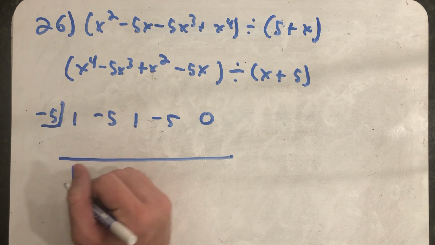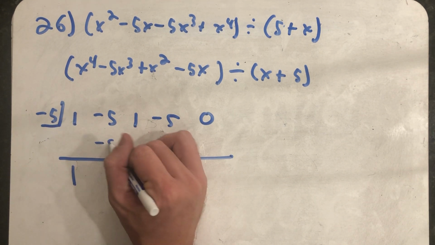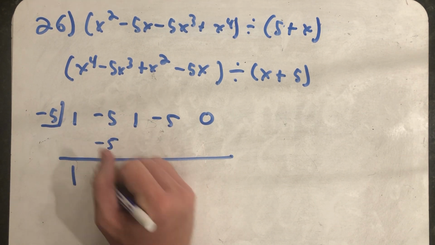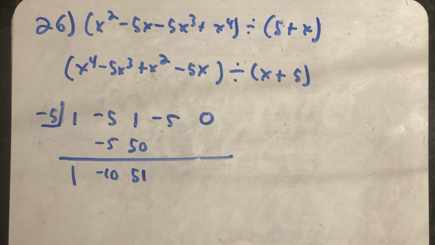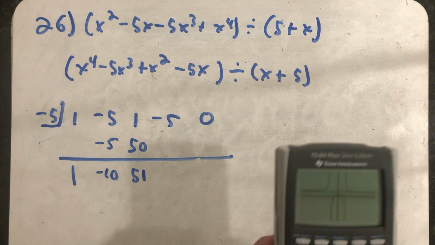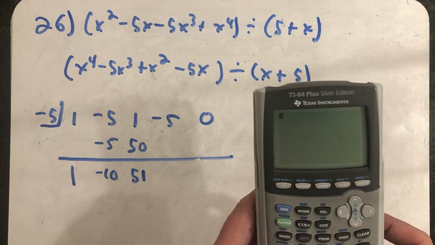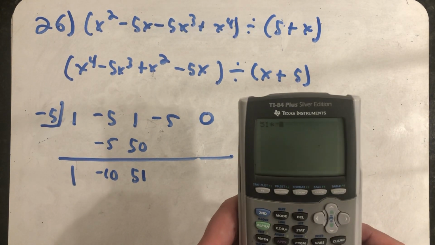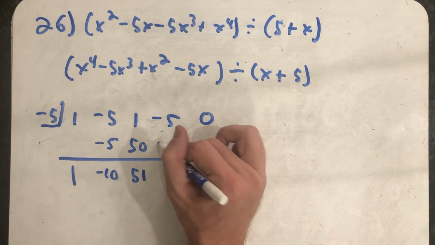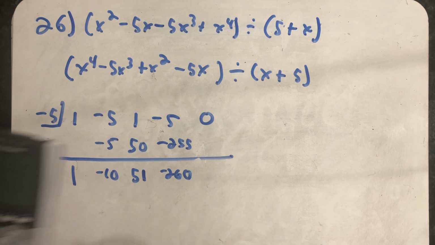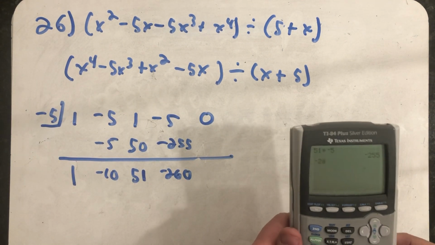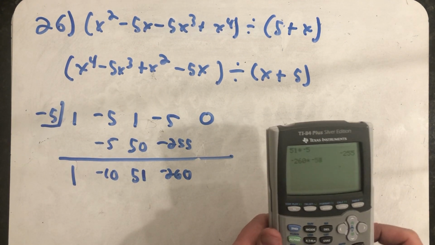All right, let's do the synthetic division. Now I've got to multiply minus 5 by 51, and I'm totally going to do that in my head. 51 times minus 5 is minus 255. So now I have minus 260 times minus 5.